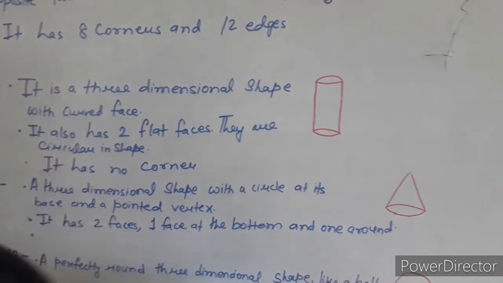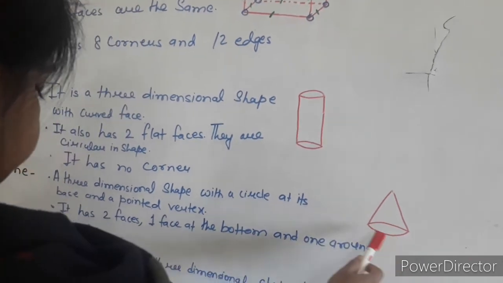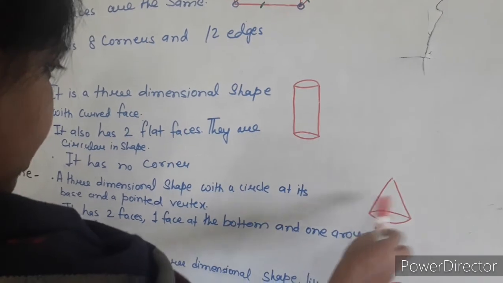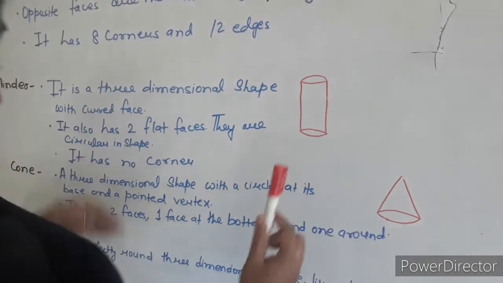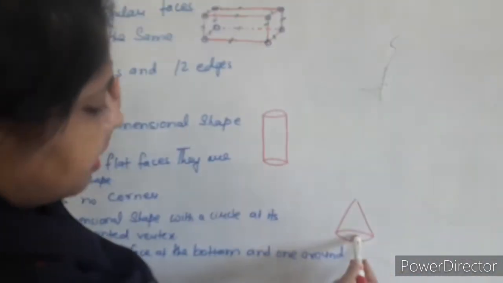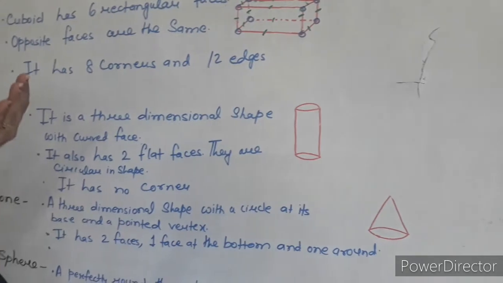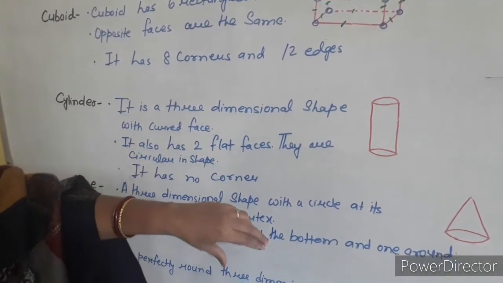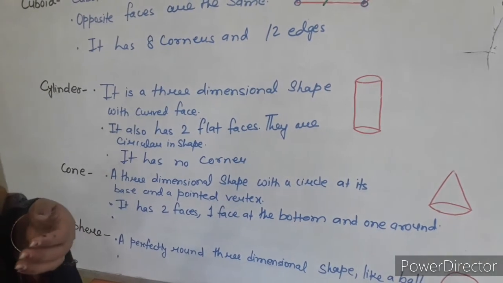If you see a cone, the bottom portion is round and the whole portion around is one face.